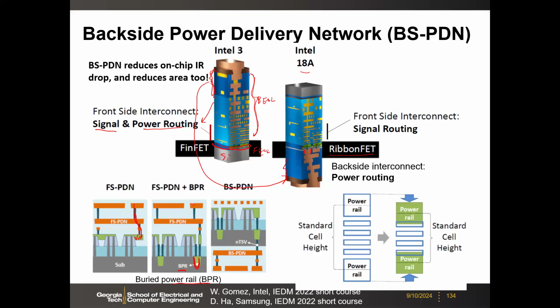Still, the VDD and VSS come from the top, but they are buried into the silicon to locally power up this gate. For the future, they want to move the entire power delivery network to the backside, and they will have this nano TSV, through silicon via. They're going to dig a hole and refill this hole with metal, and then you can have this VDD coming from the backside of the wafer.